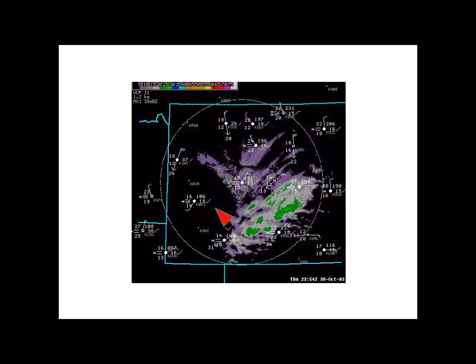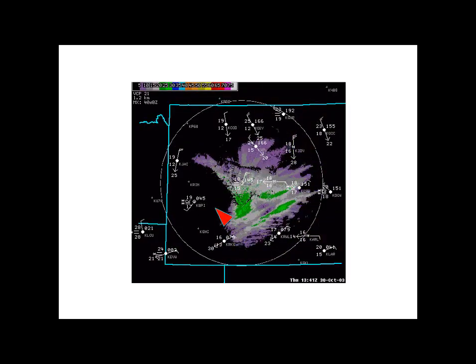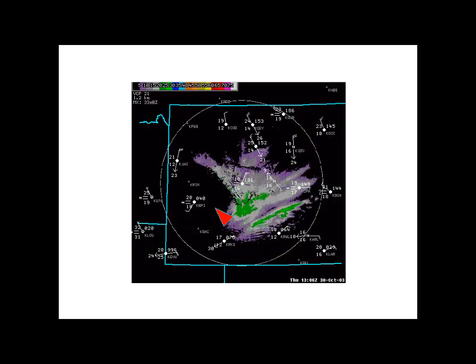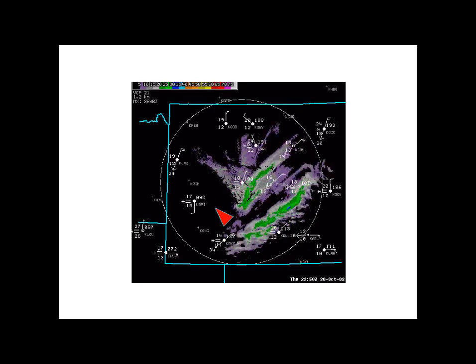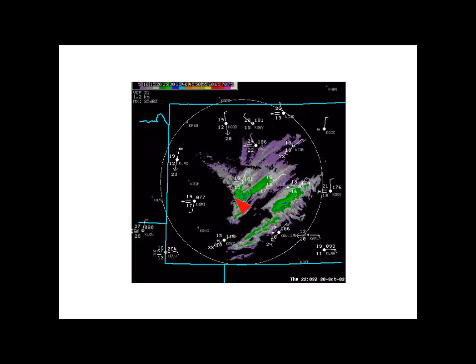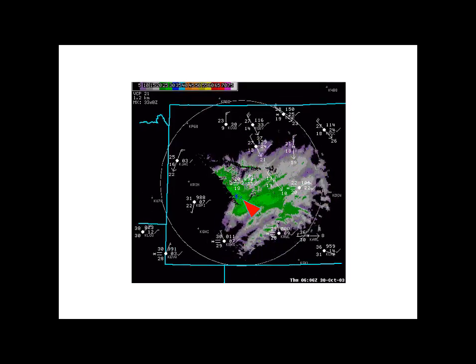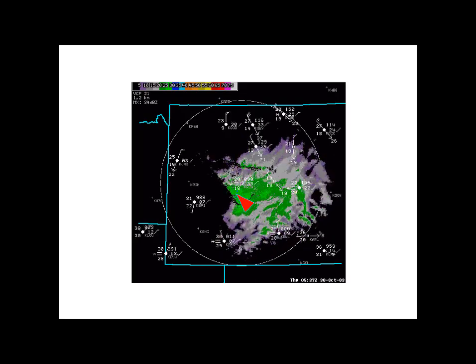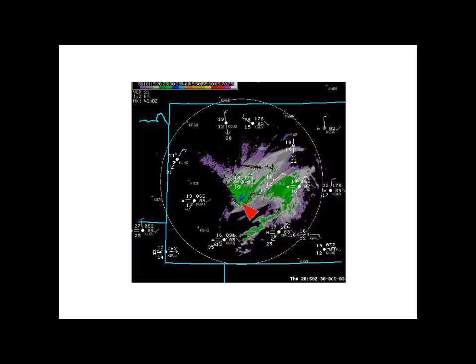And in terms of the locally heavier snowfall amounts that we were concerned about, areas of upslope flow would favor higher snowfall amounts. And indeed, it looks like the east-facing slope of the Wind River Range right here has pretty persistent high reflectivity, supporting that upslope flow is definitely playing a role here.